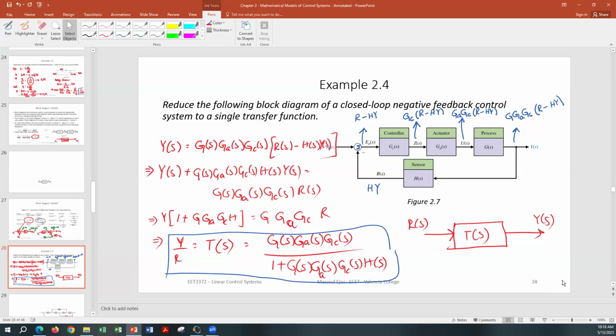GCS can be given to you in some form, we're going to do exercises. GCS can be S plus 1 over S squared plus 3S plus 5, let's say. That can be GCS. So that represents the Laplace domain representation of the complete block diagram of the control system when you solve it.